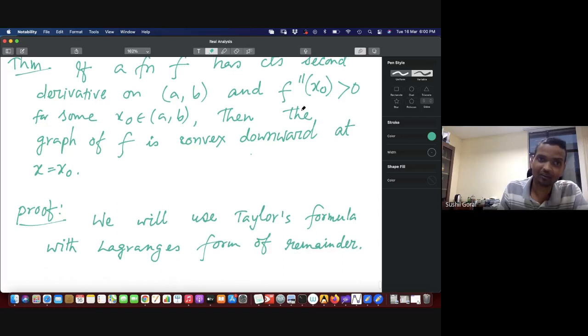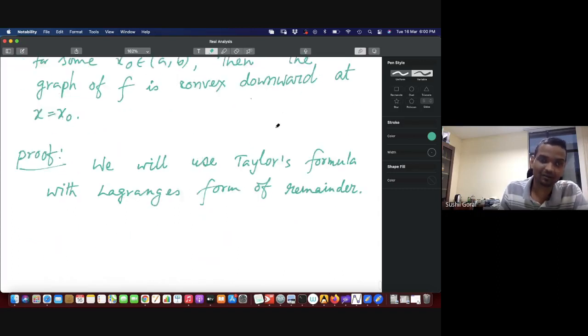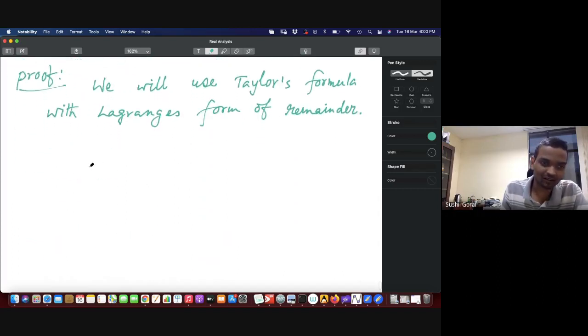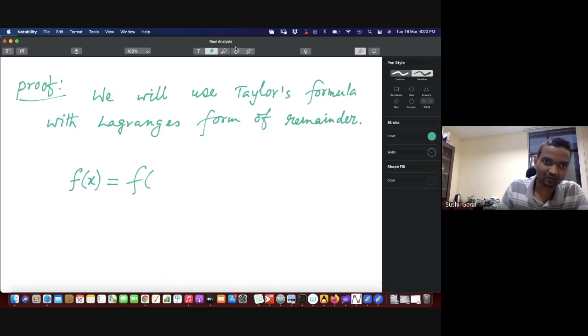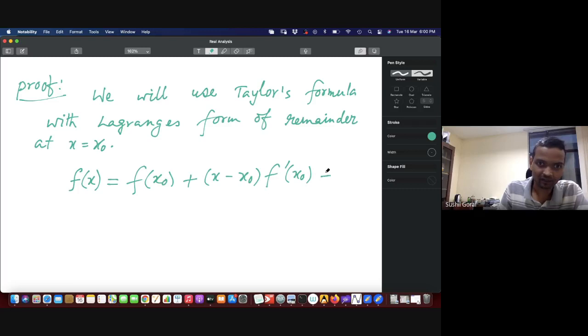So the remainder term will have the double derivative, so the order of the Taylor's formula will be 1. So the Taylor polynomial will be of degree 1. So f of x will be f of x naught at x equal to x naught, right? So f of x naught plus x minus x naught f prime x naught plus the remainder term.